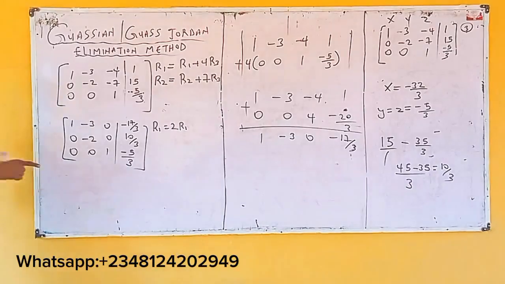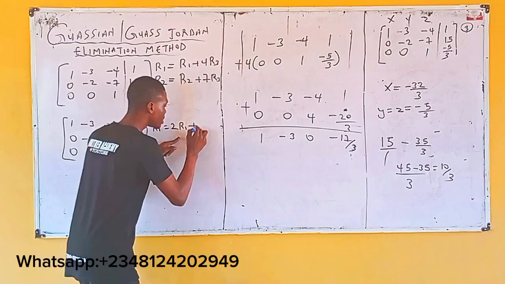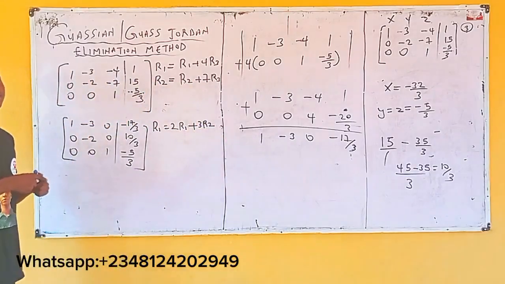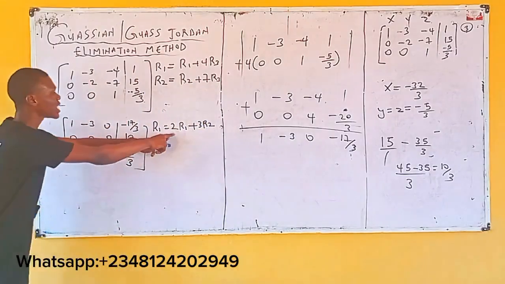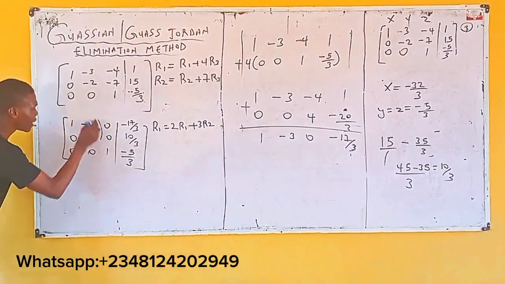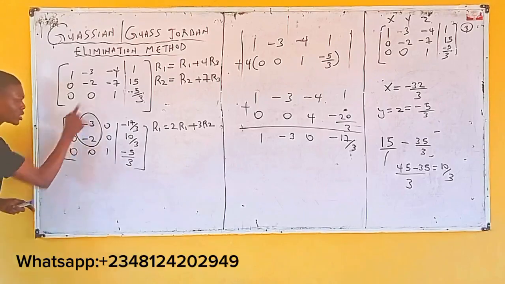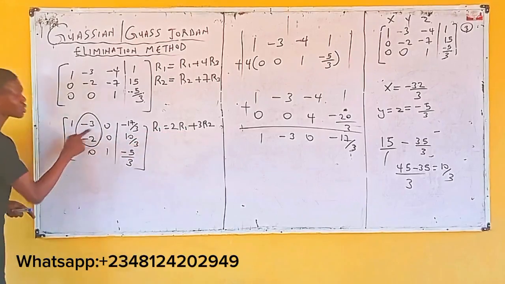Meaning that -6 plus something plus 3 row 2. We need the plus or minus. It is between this guy now. 2 row 1, 2 times -3.